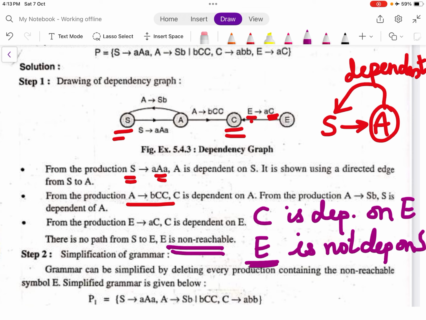Why? Because you cannot reach S with the help of E. So we say that E is non-reachable.